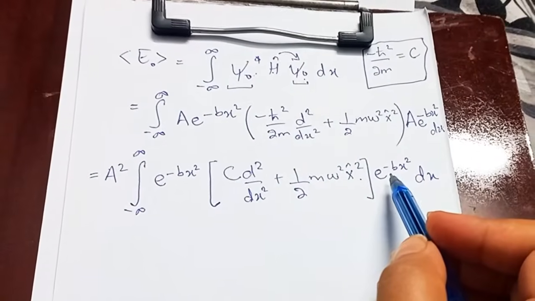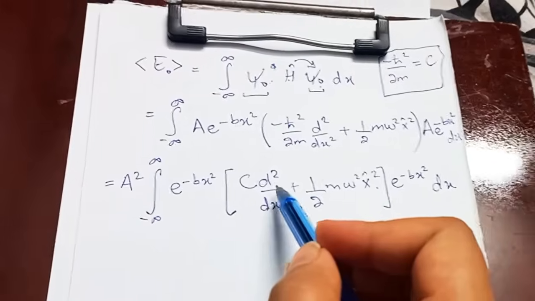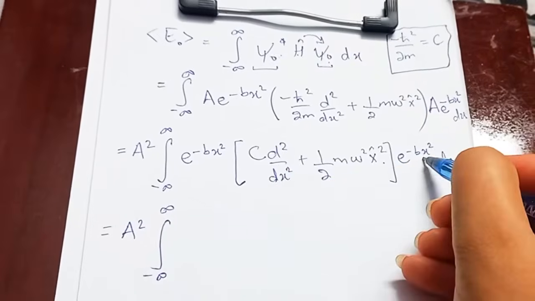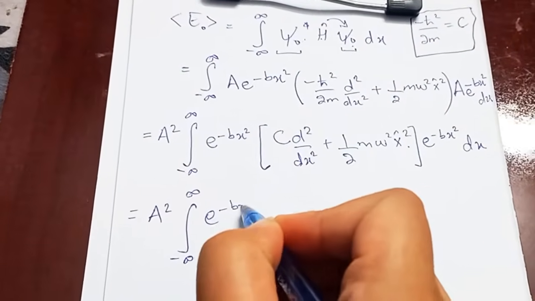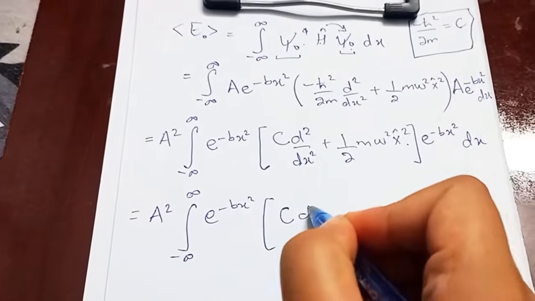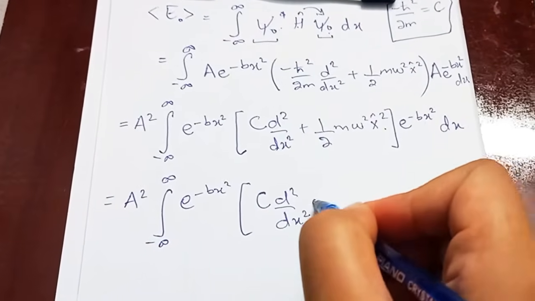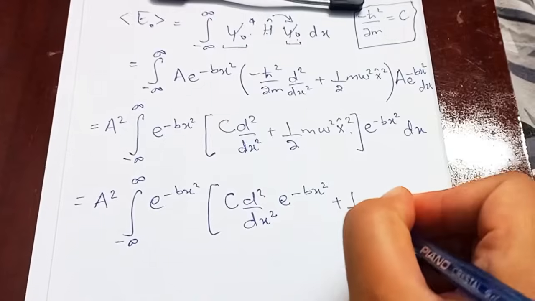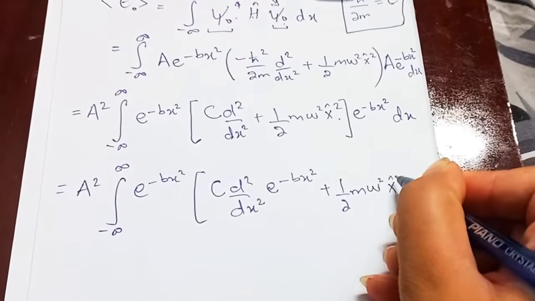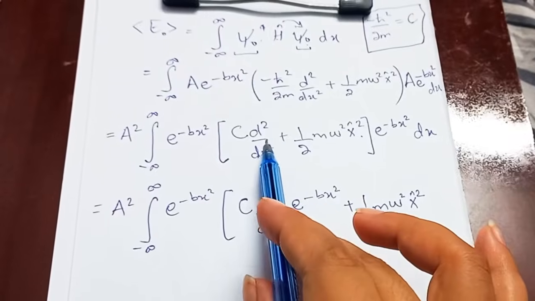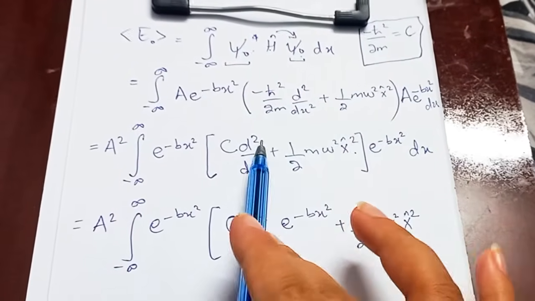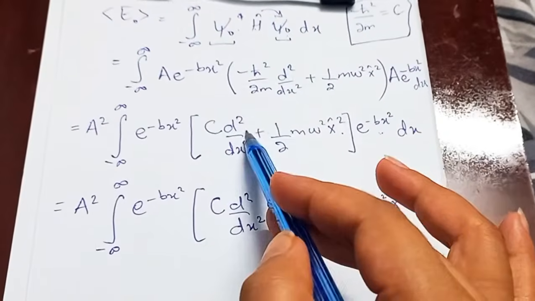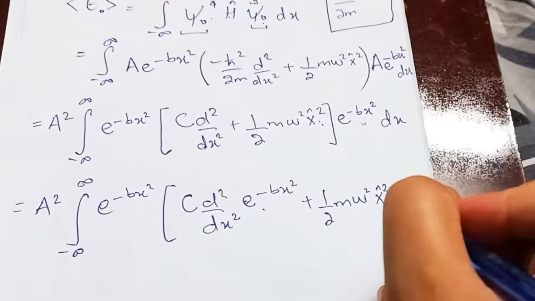Now it's time to actually multiply it inside, because it's actually the operators that have to be applied on this wave function. d squared by dx squared of e to the power minus bx squared. It will appear on the right side of each of these operators. In the case of operators, you have to be careful where you are writing them. The operator is on the left hand side, so it will appear on the left hand side, and this is on the right hand side, so you will write it on the right hand side of these operators.